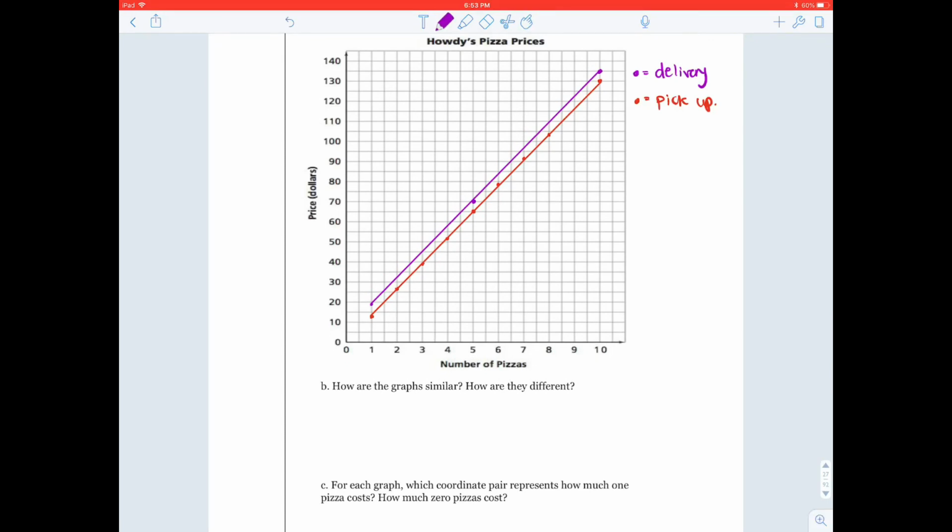Okay, how are the graphs similar and how are they different? Some of you might say they're almost the same line. So let's go ahead and write that down. They are almost the same. But what's different?